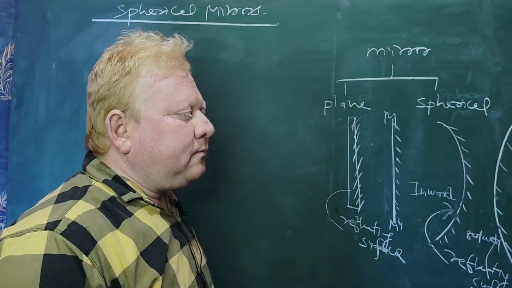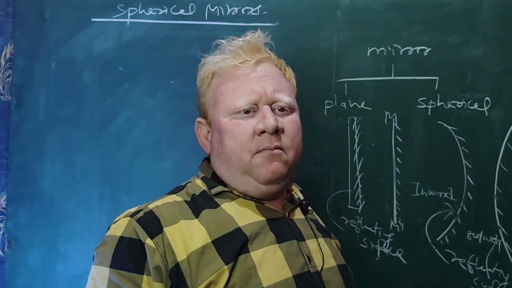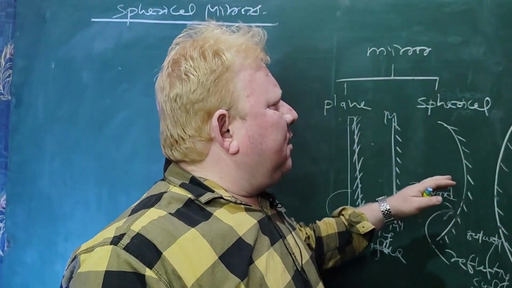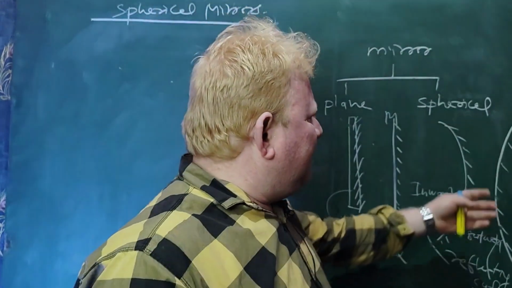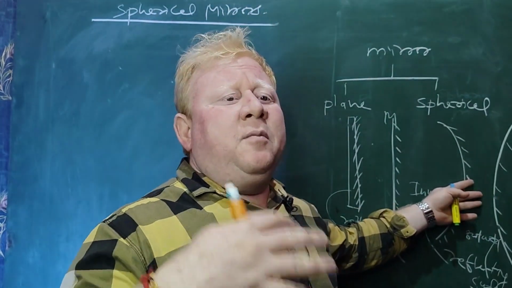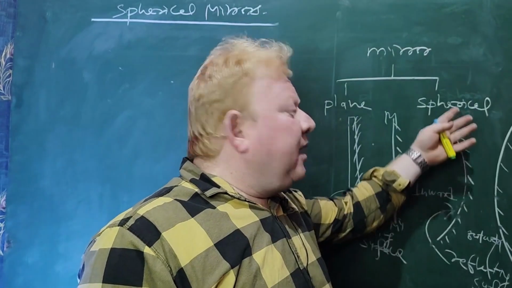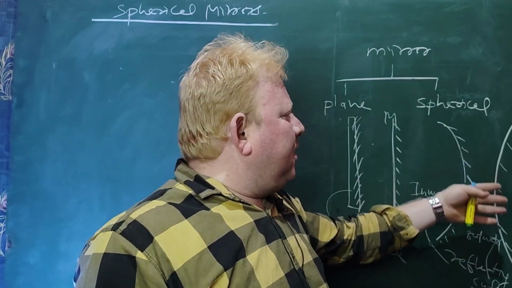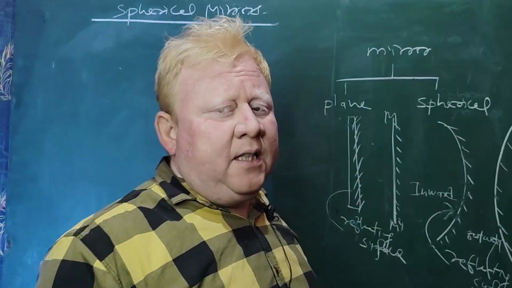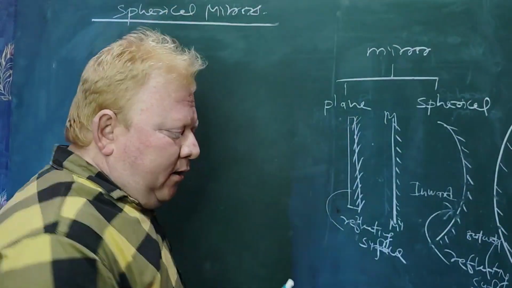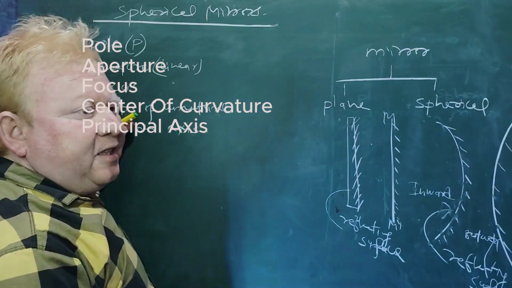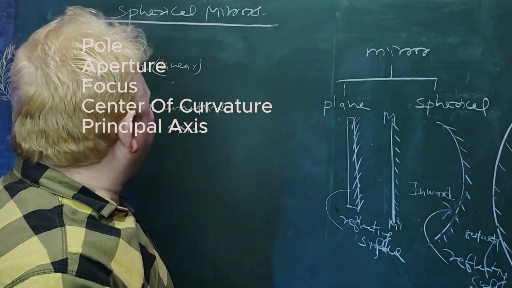Before going in detail, let us discuss some terms and terminology used in formation of images by spherical mirrors, concave or convex. First of all, the principal focus is important to know.